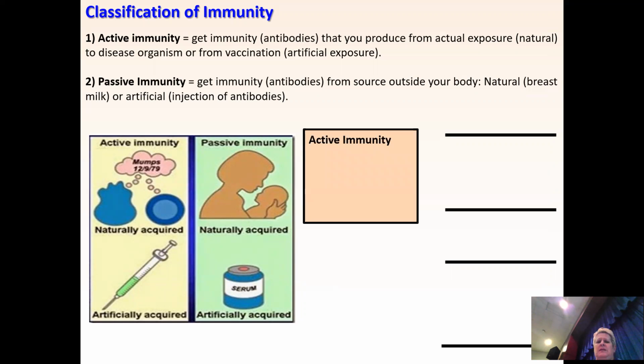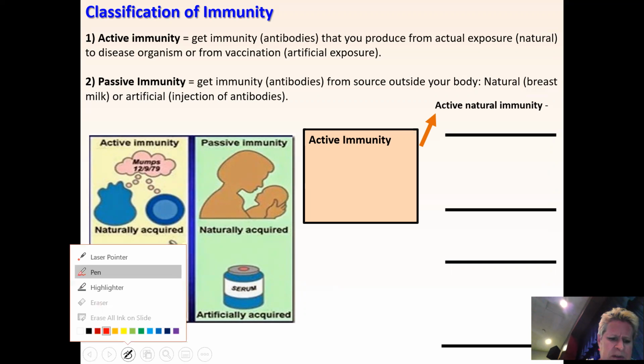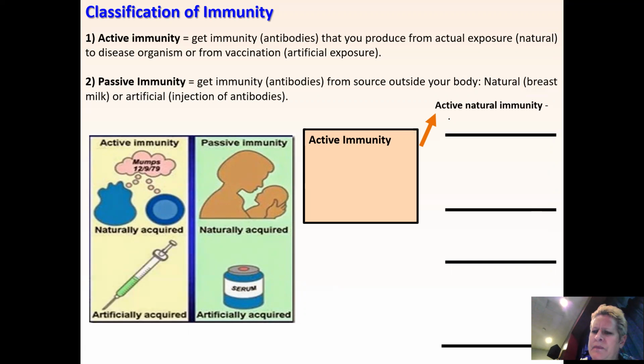Active immunity, you have to do the work, subdivided into active natural immunity. So let's see what my pen is doing this morning. You have a natural exposure and make antibodies.